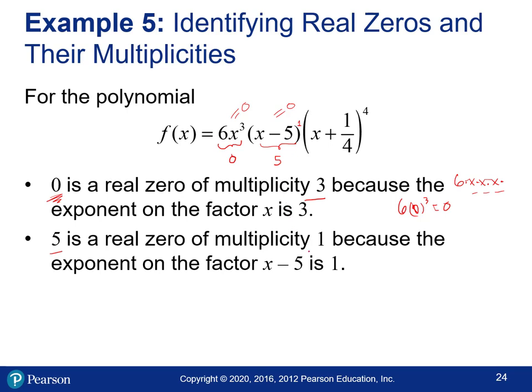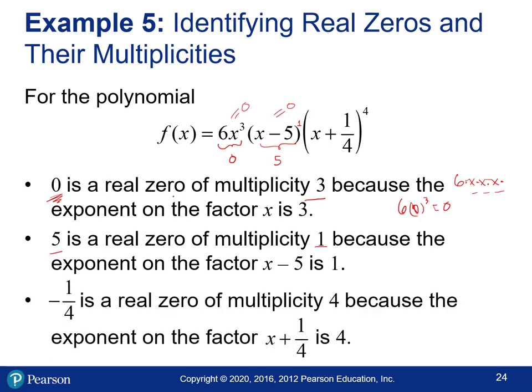So that one has multiplicity 1. And then the last real 0 is from here. It's negative 1/4, because if you plug in negative 1/4 into this factor, you're going to get 0. And this one has multiplicity 4, you can tell from the exponent up here.